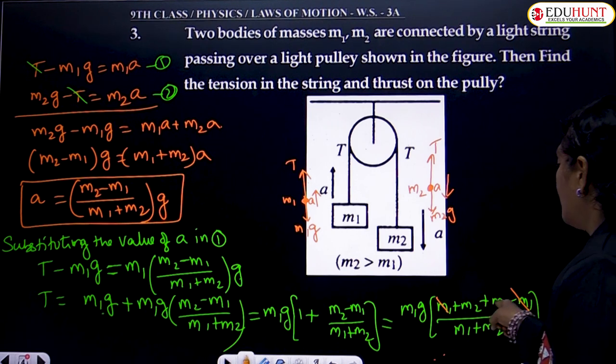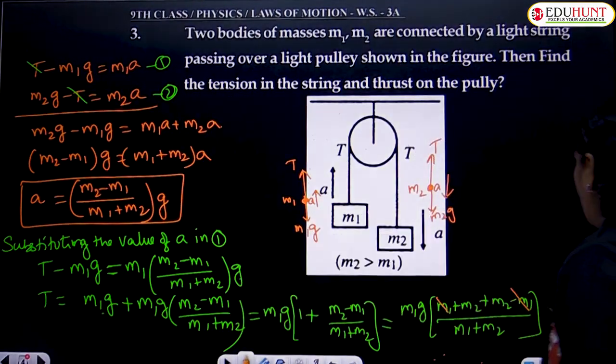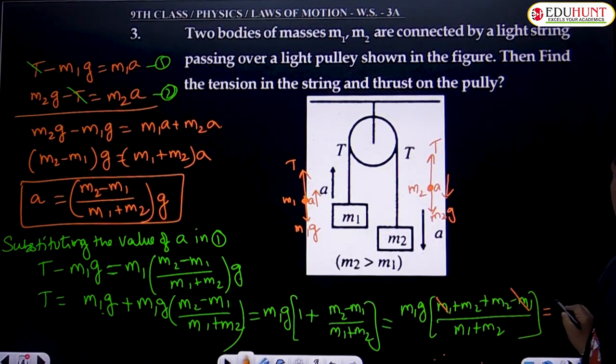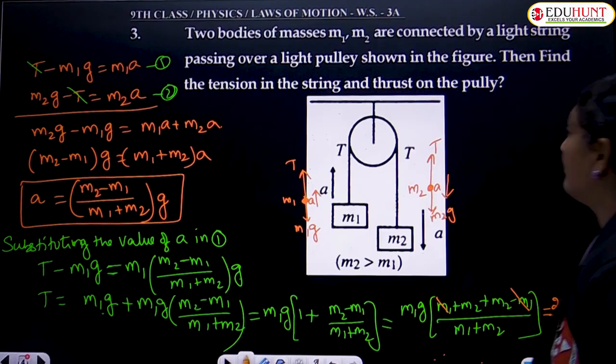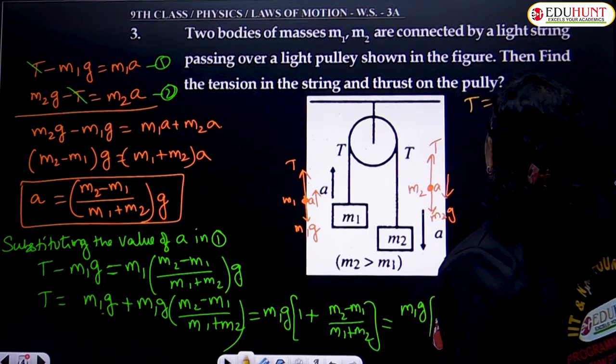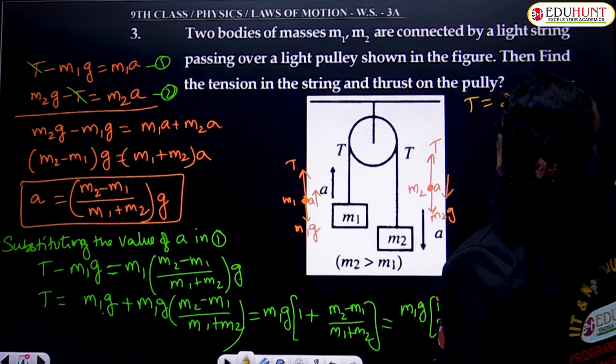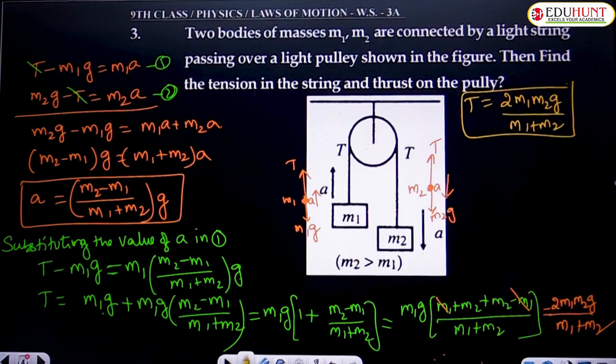Then you are left with M2 plus M2, which is 2M2. 2M2 into M1G gives 2M1M2G upon M1 plus M2. Hence, we found the value of T as 2M1M2G by M1 plus M2. This is the first thing they have asked for: what is the tension created in the string? Its value is 2 times M1M2G by M1 plus M2.